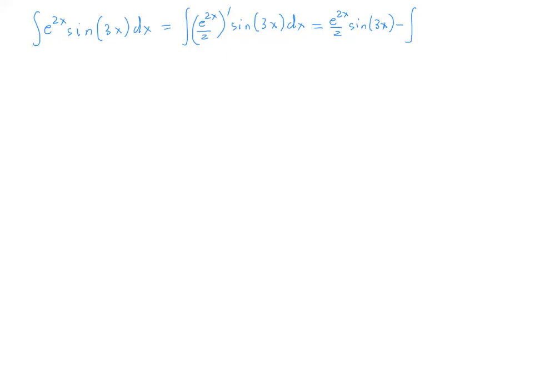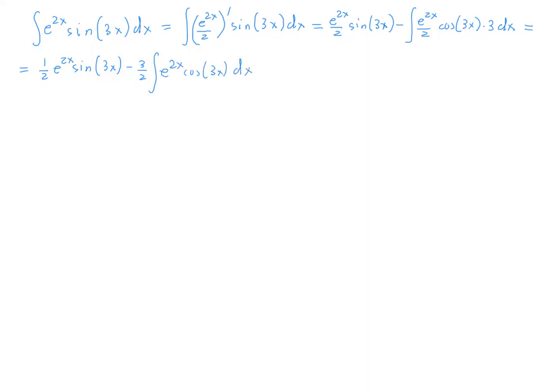So you will get minus the integral of e to the 2x over 2 cosine of 3x times 3 dx. This is the case where you need to do a little bit of cleanup. I'm trying to write the first part a little better. As for the second part, I have a 3 to extract and a 1 over 2. So minus 3 over 2 times the integral of e to the 2x cosine of 3x dx.